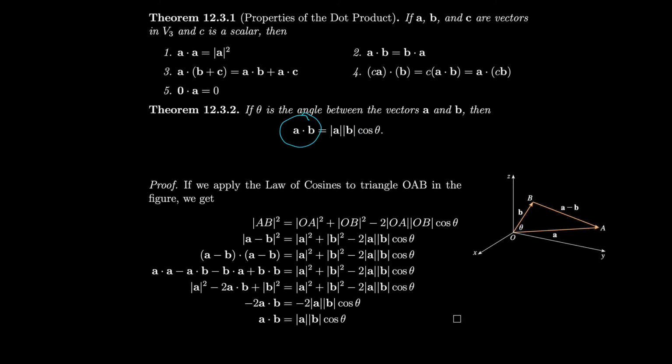So proving this is kind of cool because you use the law of cosines. So we draw this triangle over here, where here's vector a, here's vector b, and we're going to dot those together. Notice that if you take a minus b, that's this vector over here.